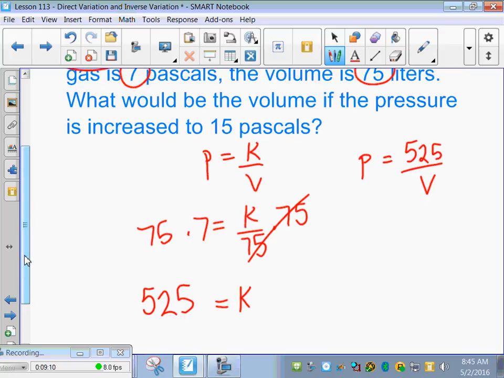All right, what would be the volume if the pressure is increased to 15 pascals? So Jordan, where's the 15 go in? What did you say? Good.